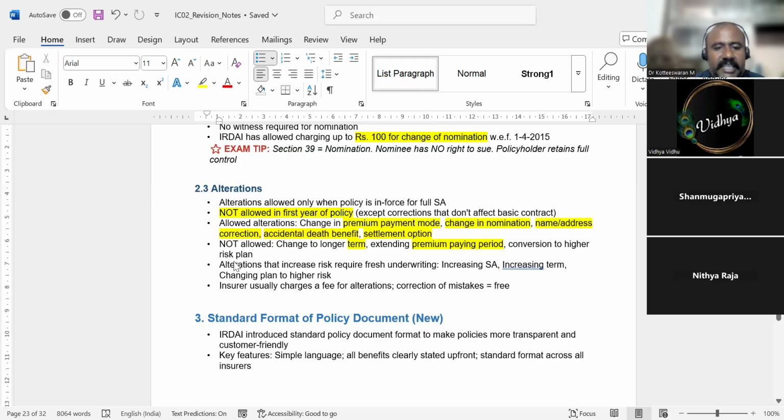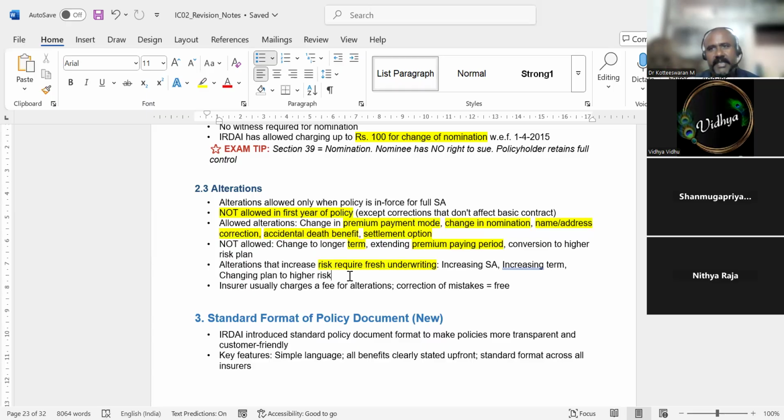So what are the changes that increase the risk and may need fresh underwriting? Initially you have done some underwriting and now, after 5 years, they want to change something. At that time, yes, you can change it, but after approval from the underwriter.